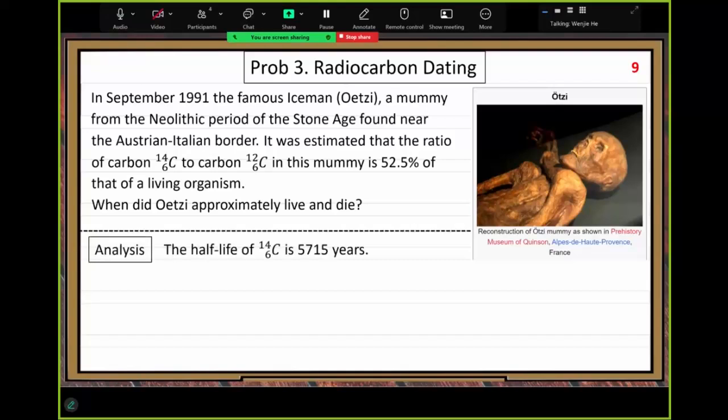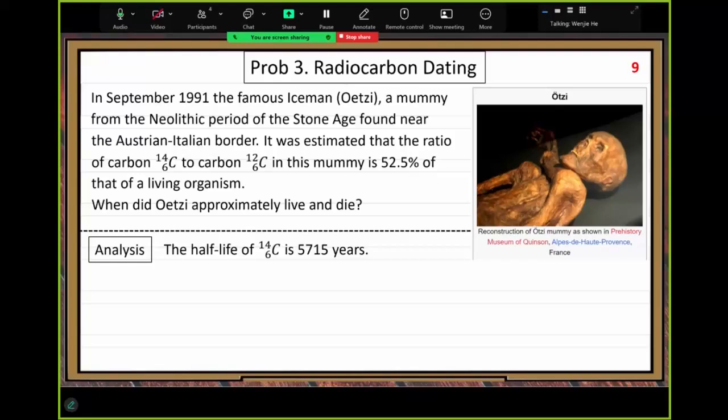Analysis. But we need to know the half-life of carbon 14. If the half-life is not known, how do you estimate? But the half-life of carbon 14 can be derived by experiments, right? People can use scientific methods to determine the half-life of carbon 14.